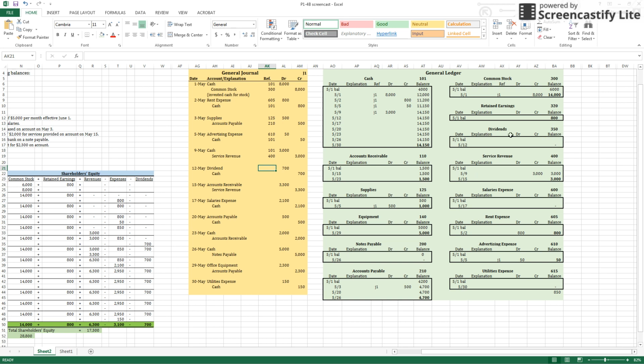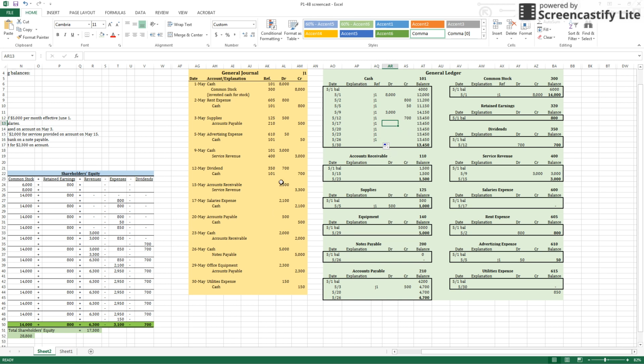Dividends, we can see the dividends are account 350, and we debited dividends for $700, and cash is 101, and we credited that for $700. And again, we can put all our J1s in there quickly.